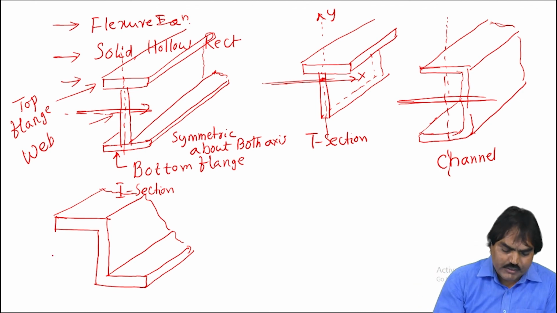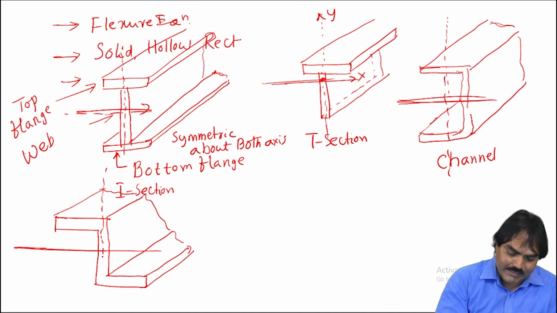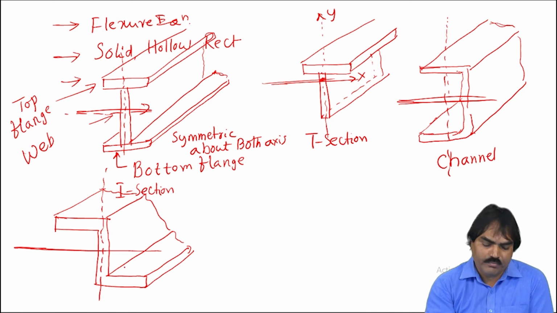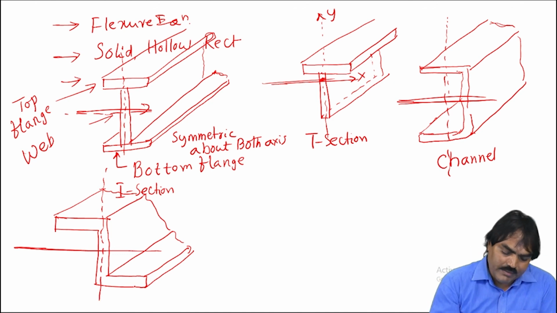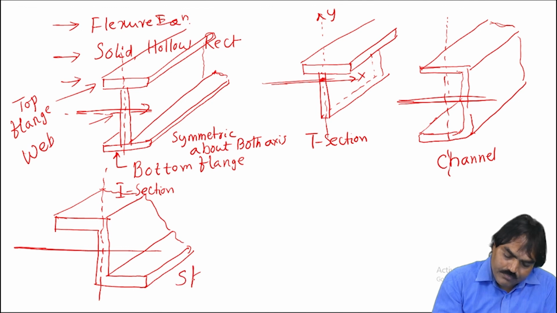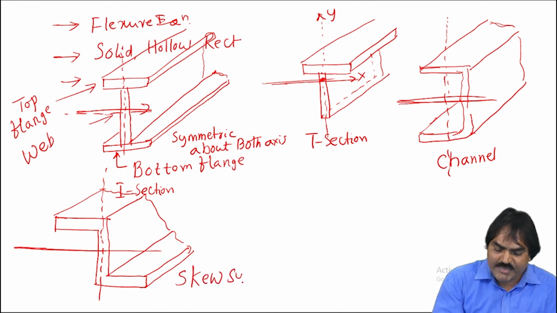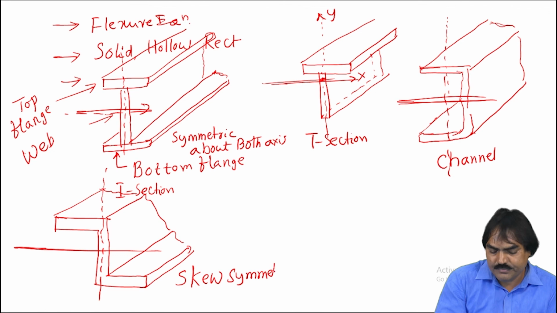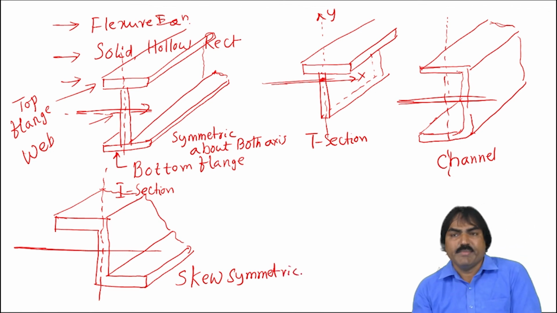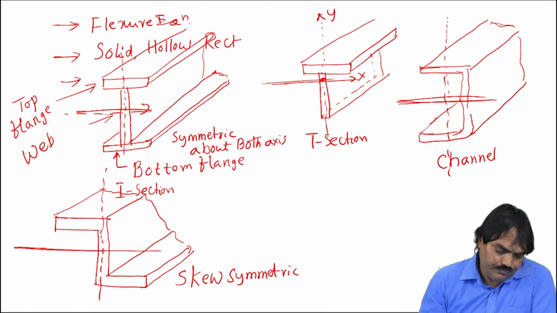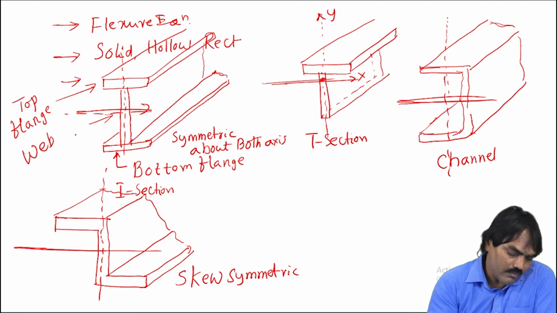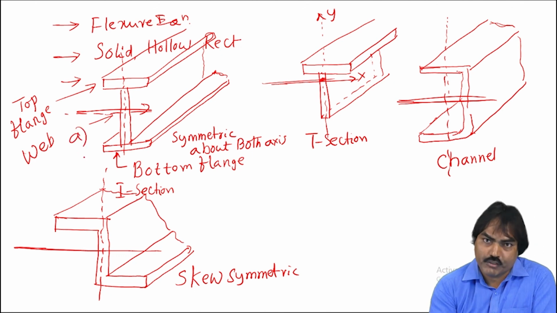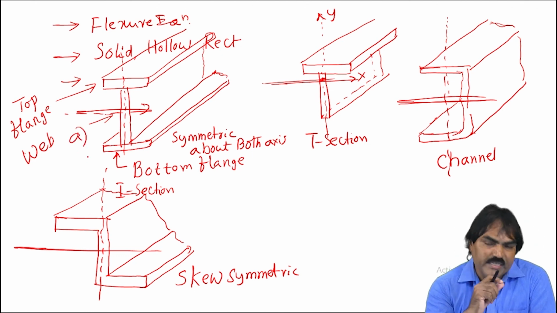Whereas this section, see, this is the centroidal x-axis, this is the centroidal y-axis. So this is opposite symmetry. That's why this is also called skew symmetric.